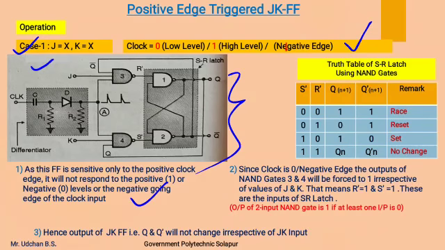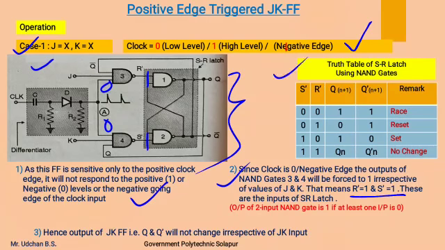Now we will see how the output will not change. If we consider the clock as 0 or negative edge, the clock will be 0 for both cases. We know a NAND gate with at least one input 0 outputs a logic 1, so at the outputs of NAND gates 3 and 4, R dash and S dash will become 1.